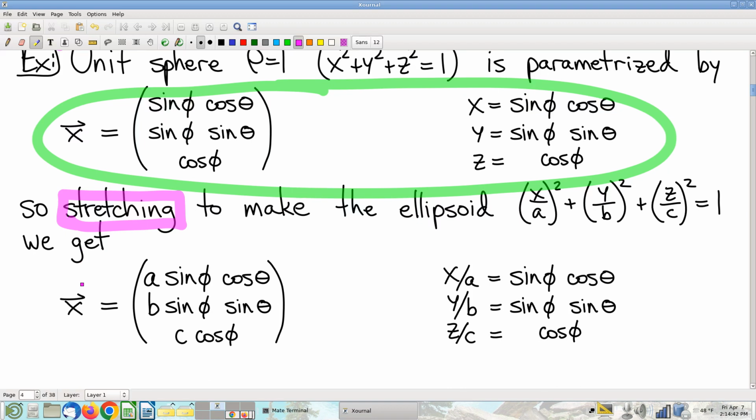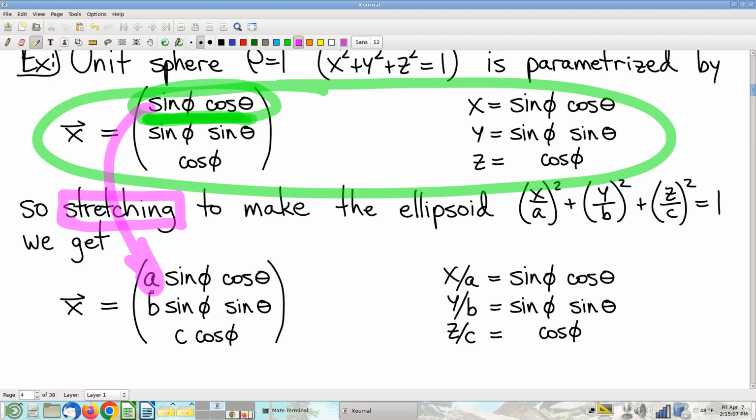If I want to take this x coordinate, right? This is a formula for my x coordinate right here, sine phi cosine theta. If I want to stretch by a factor of a, I want that x coordinate to be a times as big. Okay, no problem. There, I've made the x-coordinate a times as big by multiplying it by a.